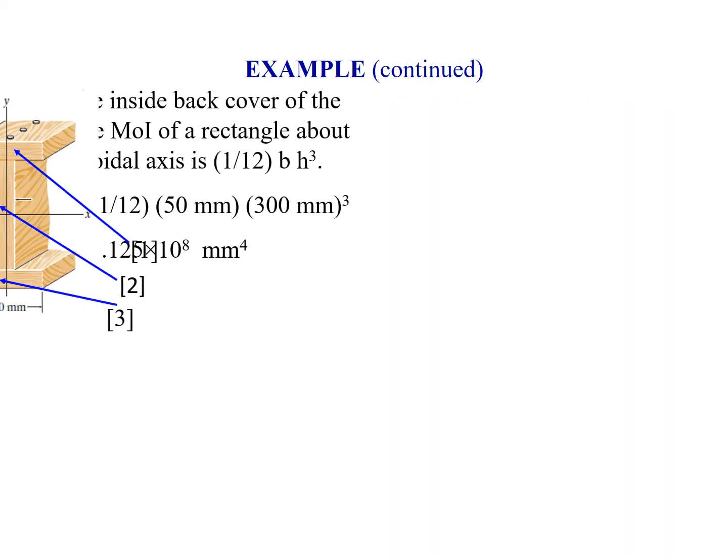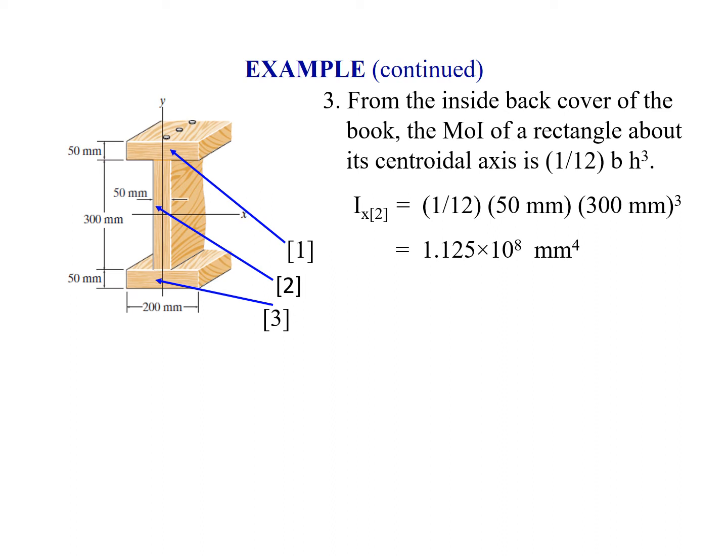Continuing the example, we'll need the equation for the moment of inertia of a rectangle about its centroidal axis, and you'll find that in the textbook as 1/12 b times h cubed, where you have to remember what b and h are. b is its thickness and h is its height.